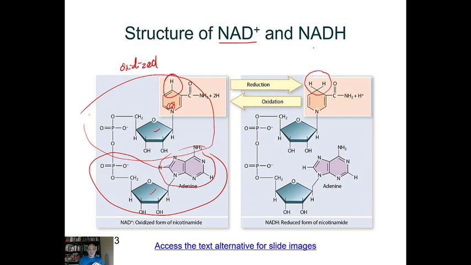So this is your reduced form, which becomes NADH. Remember that H has that high energy electron that came from the food. You don't have to worry about memorizing the structure, but it's good to know that's what these molecules look like. What you should remember is NAD+ is the oxidized form, and NADH is the reduced form carrying that high energy electron.